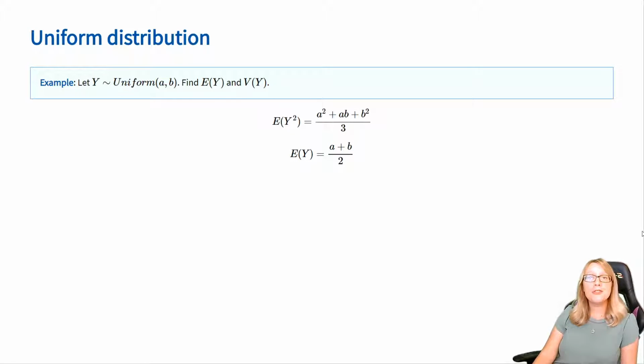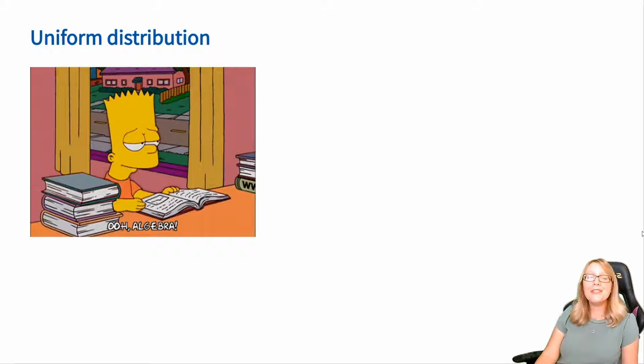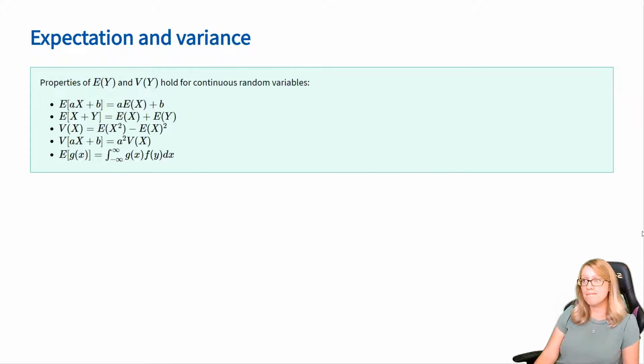Now, the variance is the expected value of y squared minus the expected value of y, quantity squared. So we will combine like terms, do a little bit of algebra, and at the very end, here is what we get. The variance of y is b minus a, quantity squared, over 12. So this is the expected value and variance of a uniform distribution.